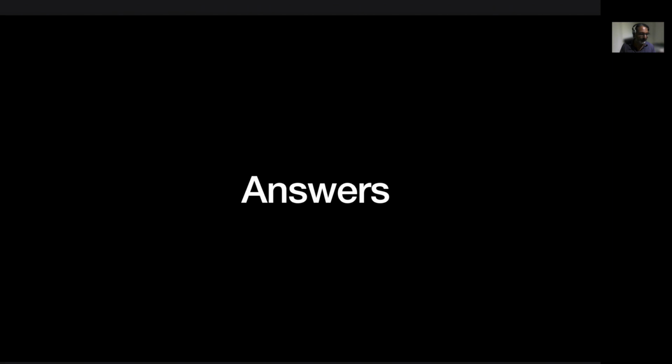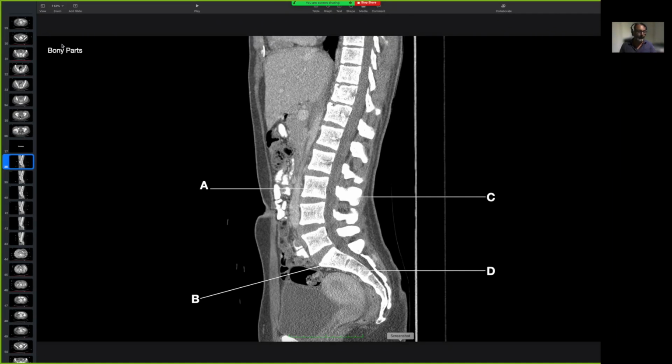So we start with the bony parts of these vertebrae. So what is A? Yes, the body. Can you tell me which vertebra it is? L3 it is.